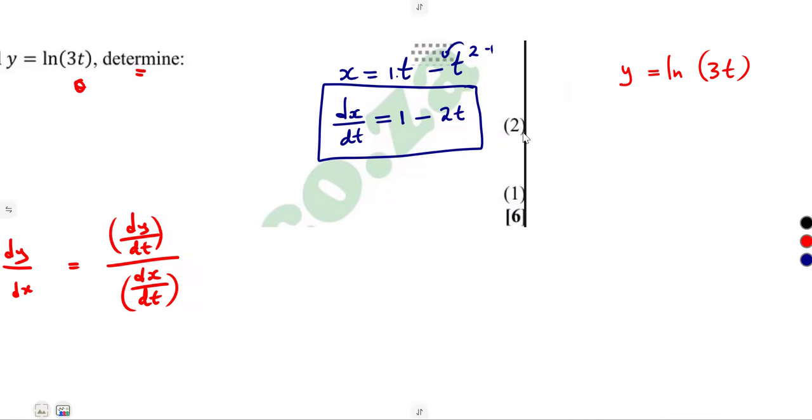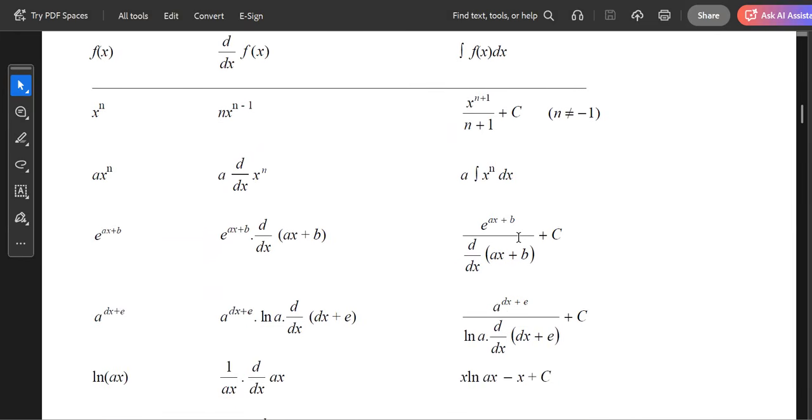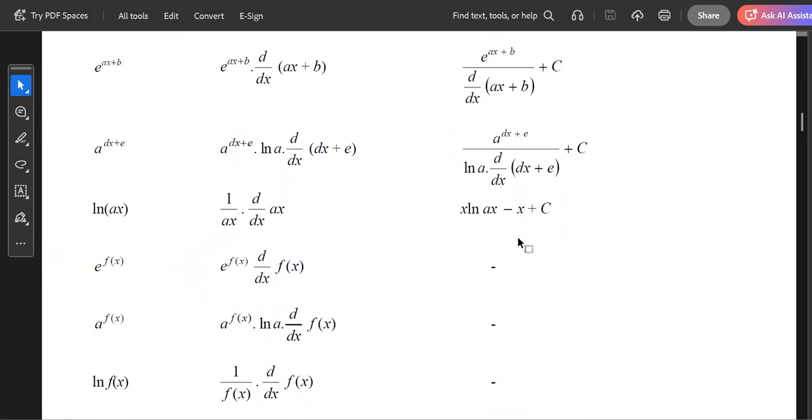So from our derivatives, okay, let us go to our formula sheet. Derivatives, a natural log here. This is actually page 2 of our formula sheet. If we are given e of ax, let's check, is it a linear?